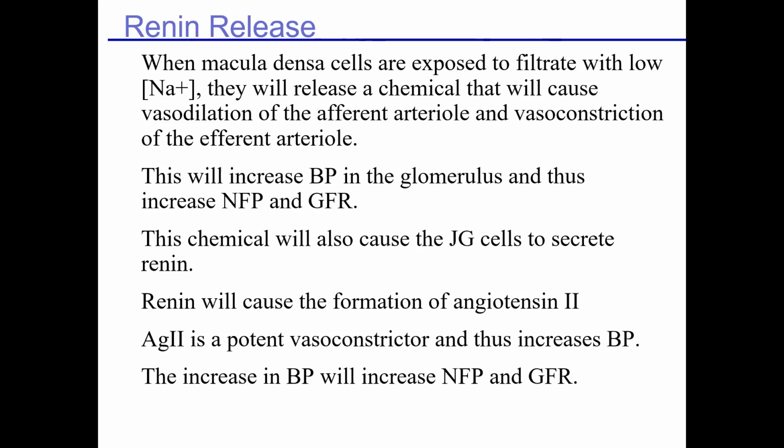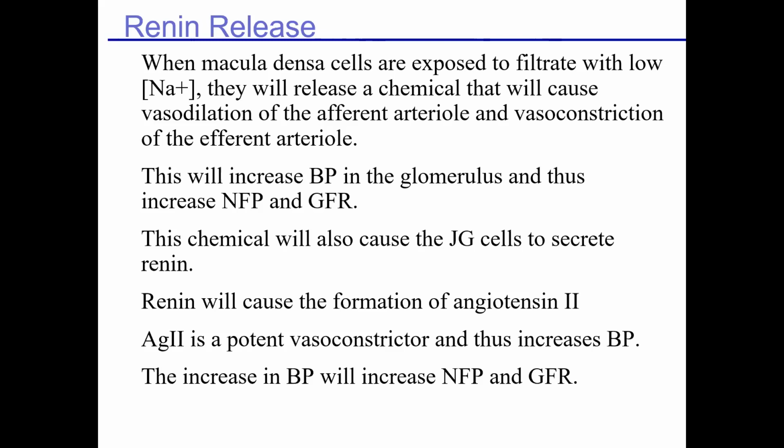It also tells the juxtaglomerular cells to release renin. So in one step, the macula densa causes the afferent arteriole to dilate and the efferent to constrict, raising pressure in the glomerulus because we have a large opening and a small opening, so we have back pressure here. But we also release renin.